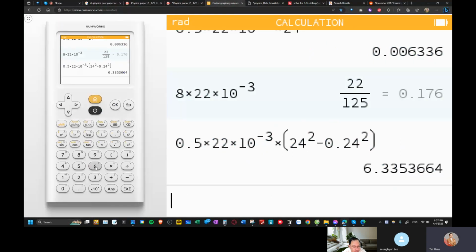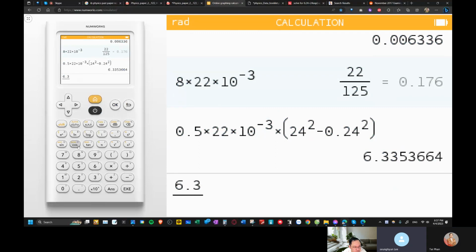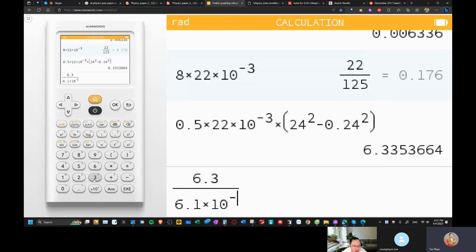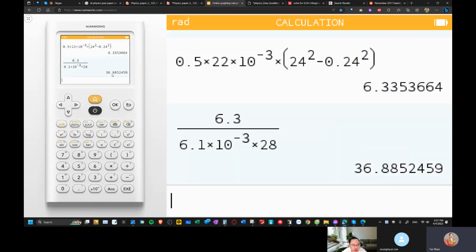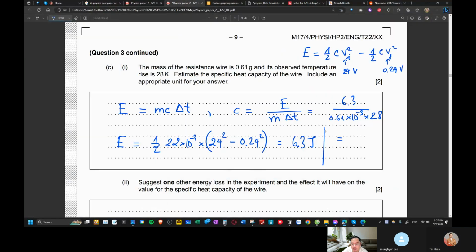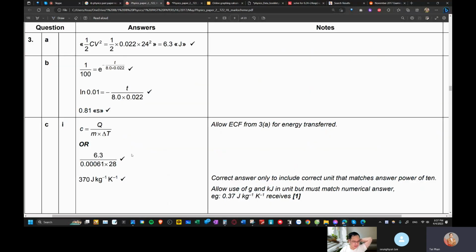Can you do this one? I mean, in the mock test. No, I got it wrong. Okay, divided by the mass, converting to kilogram, 10 to the power negative 3, and then times the 28. The result is 36, rounded to 37. 37 joule per kilogram per Kelvin is the specific heat capacity.